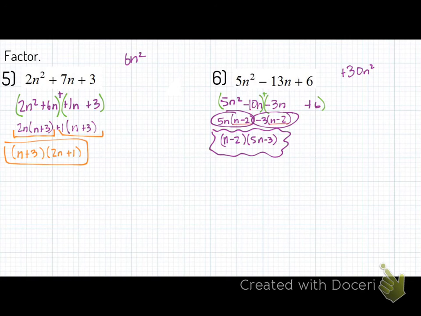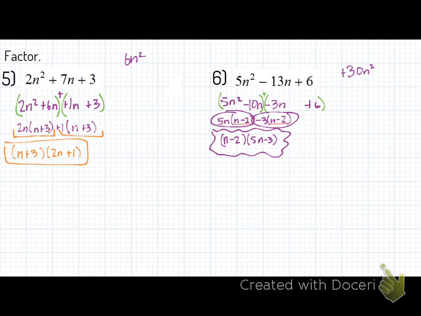What's the same thing that's in both of these? N minus 2. Good. So we got n minus 2 times what is 5n times n minus 2? Just 5n, you see? And then n minus, because there's a minus 3 right here. You see I could take out a negative 3 here and here?